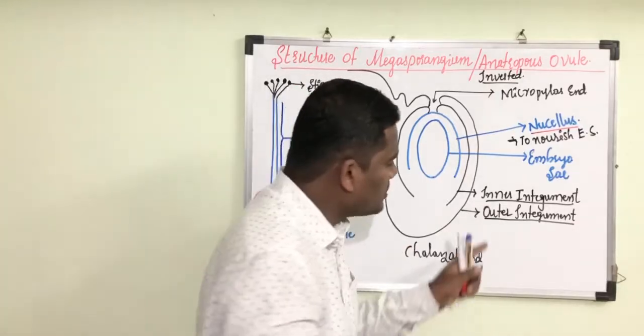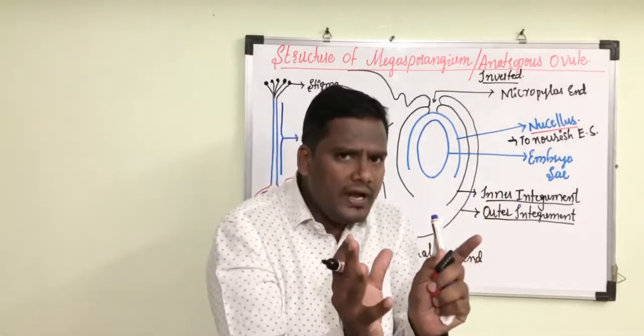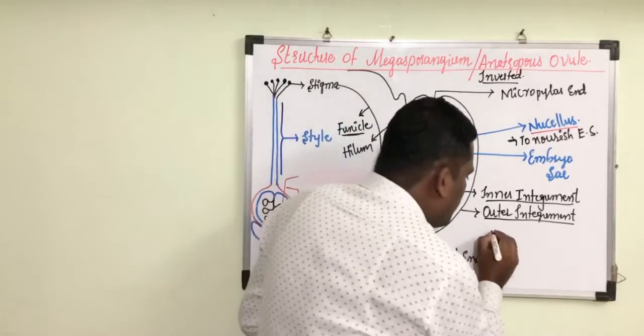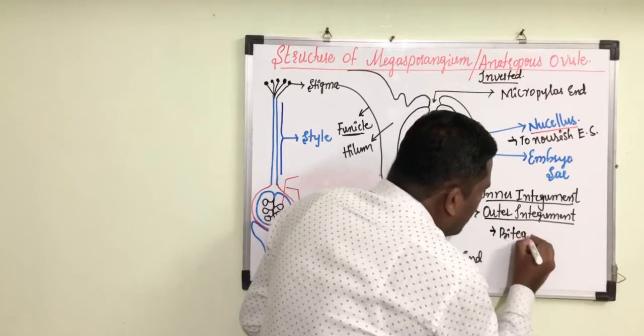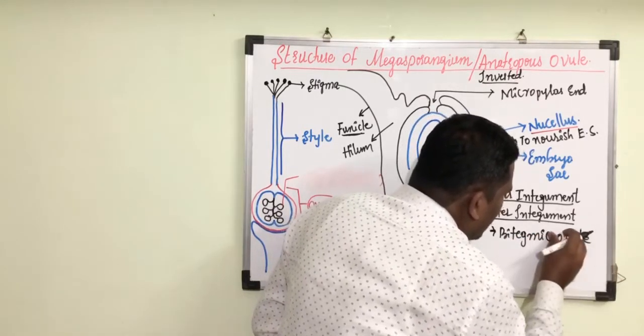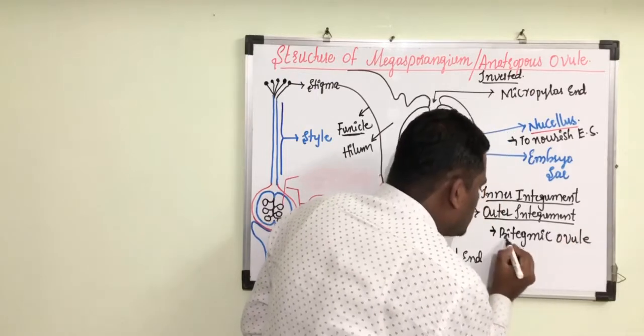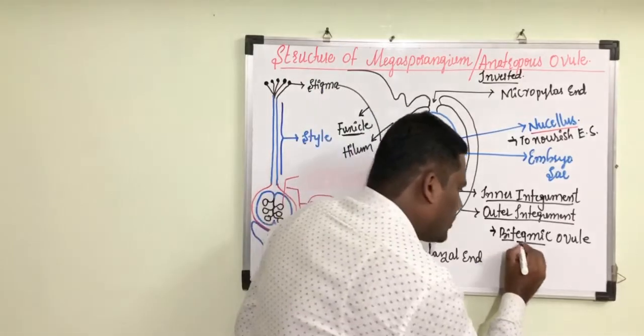Remember, my dear friends, if any ovule is surrounded by two integuments, such an ovule is called a bitegmic ovule. Bi means two, and tegma means covering layer, protective layer.